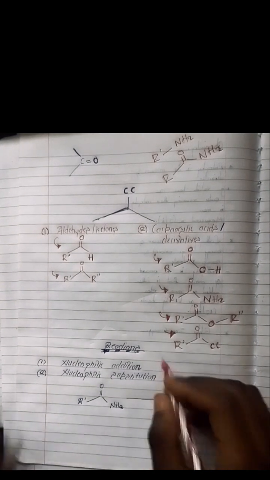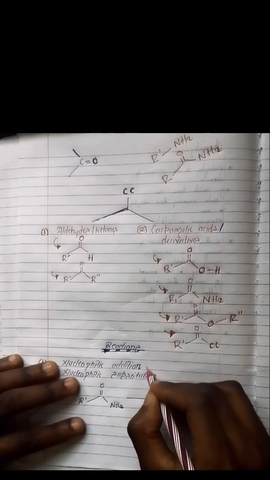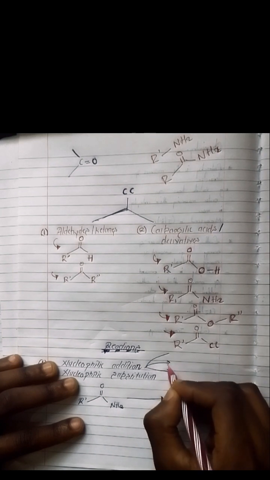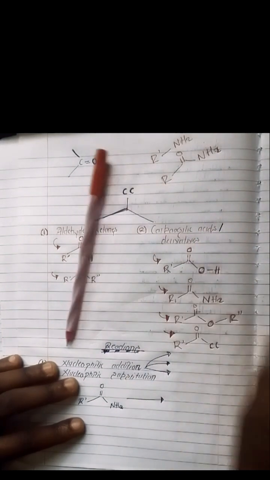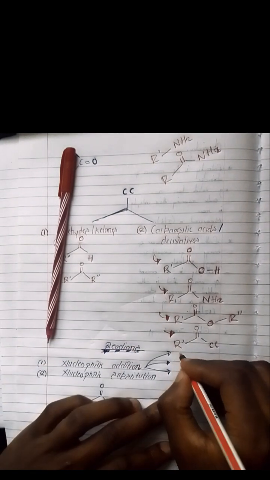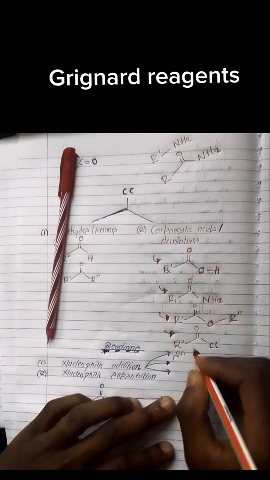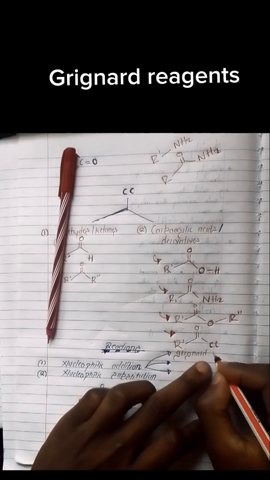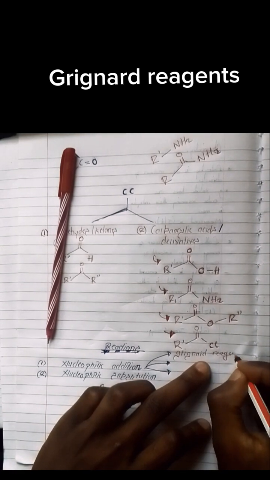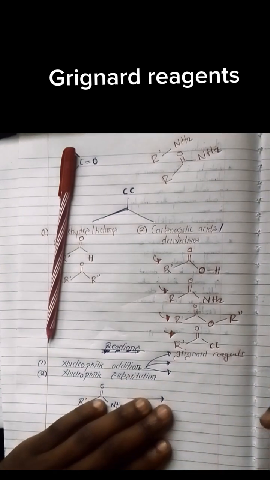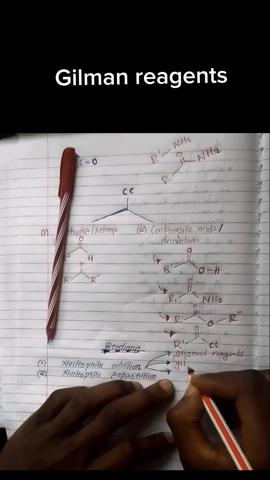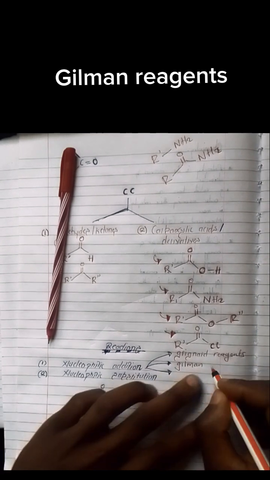Now, what are these reagents from which you can get nucleophilic addition? I'll give you three examples here. The first type of reagent are the ones we call Grignard reagents. These ones are very, very common in organic chemistry courses. The second one are the ones we call Gilman reagents.